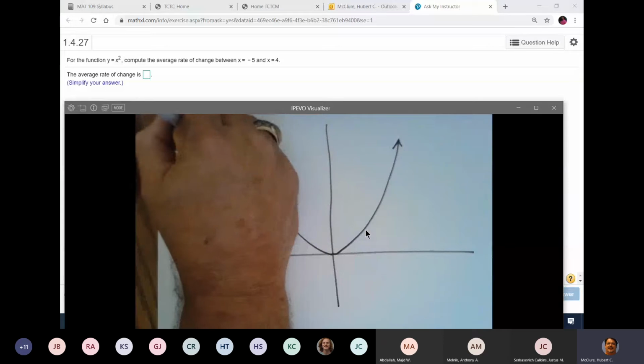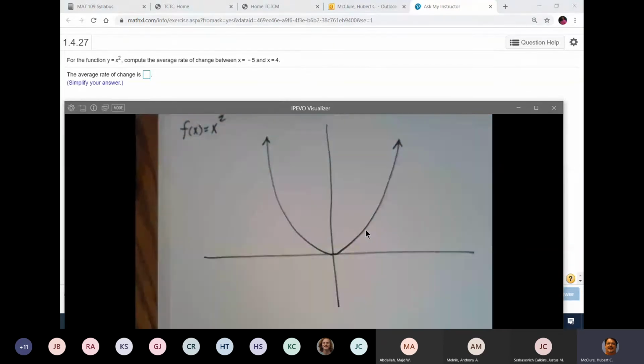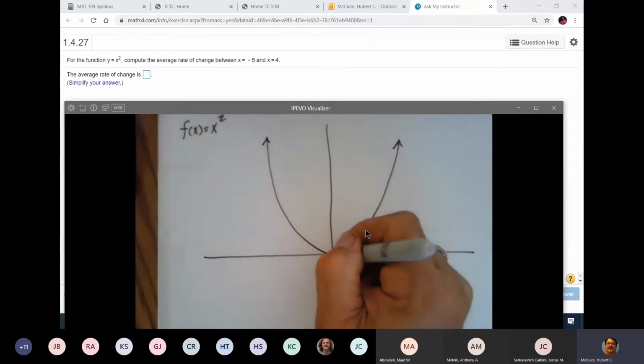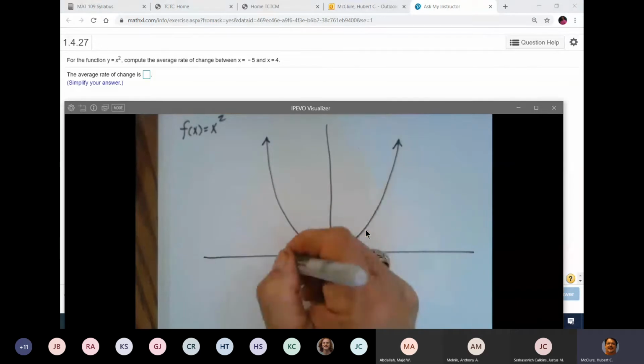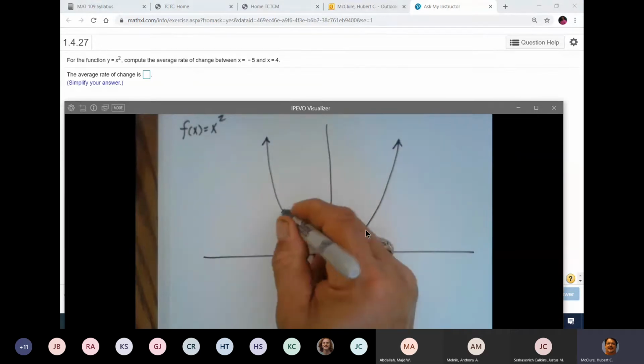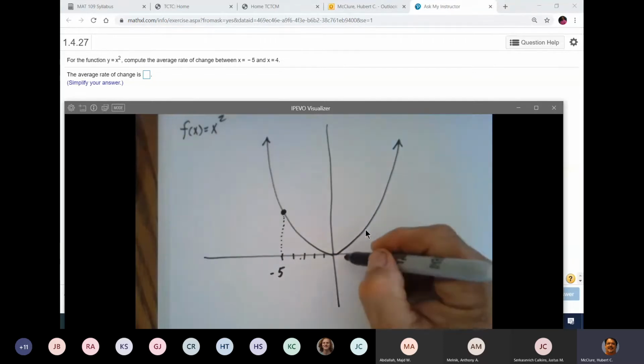There's f of x is equal to x squared. And they want to know the average rate of change between -5 and +4. 0, 1, 2, 3, 4, 5, and +4.